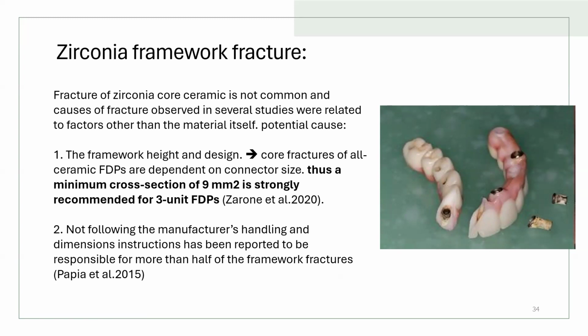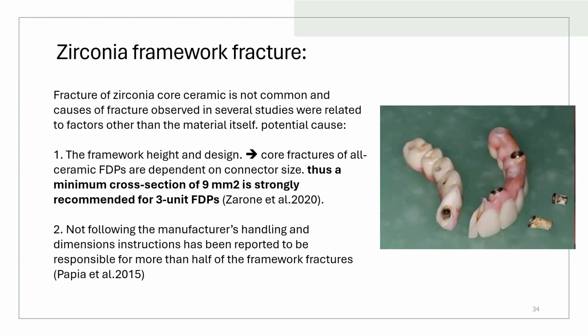Okay, one potential factor, and actually the most common cause, the one that plays a major role, is the size of the connector, the height and design of the framework connector. So core fractures of all-ceramic FDPs are dependent on the connector size.